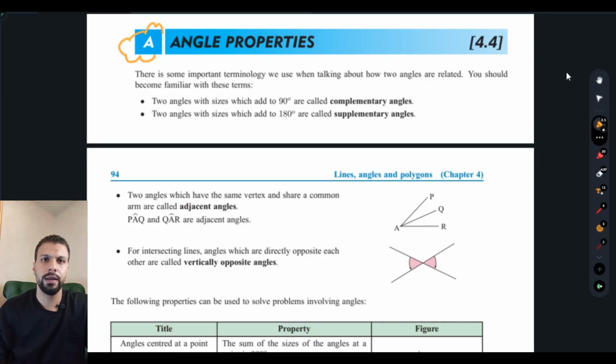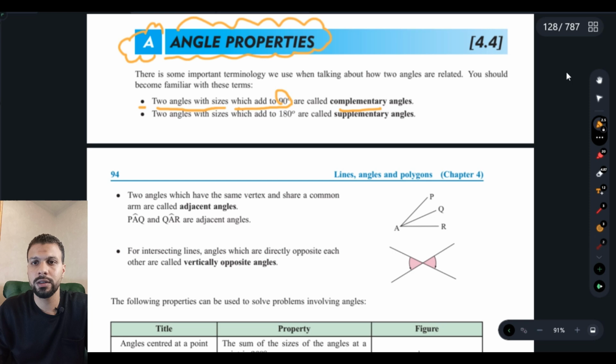Checkpoint A, angle properties. There is some important terminology we use when talking about how two angles are related. You should become familiar with these terms. First point, two angles with sizes which added to 90 are called complementary. So what is the meaning of complementary?